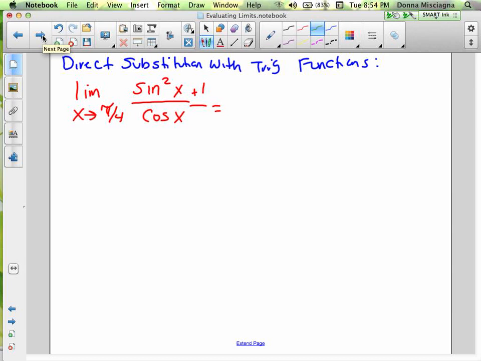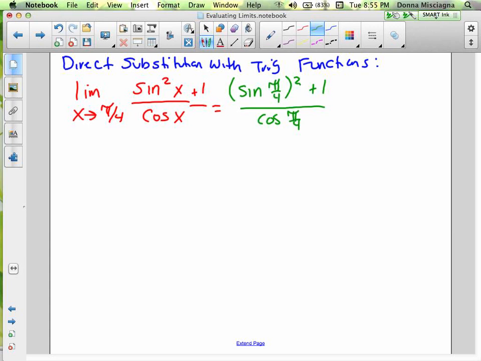Sine is continuous, 1 is continuous, and so is cosine. Technically, 1 is a horizontal line. So this would be sine pi fourths. This is a nice example where you find sine pi fourths and then square that value, plus 1, divided by cosine pi fourths.